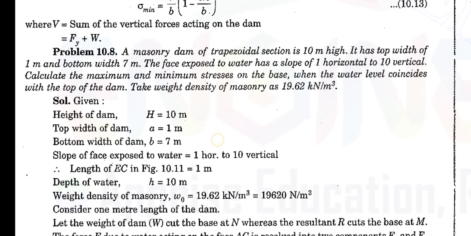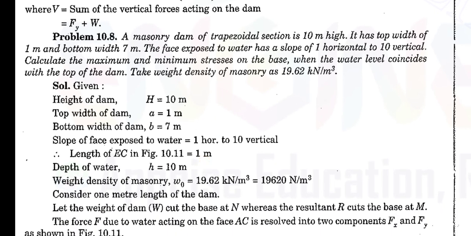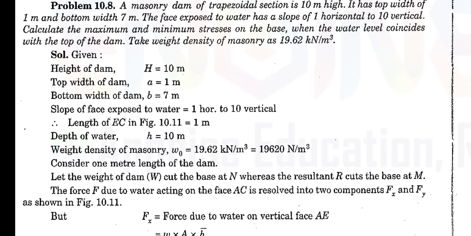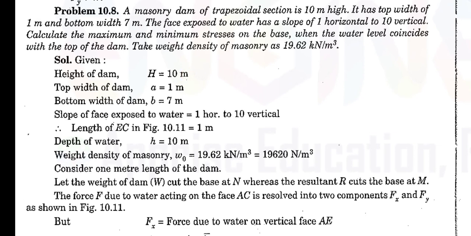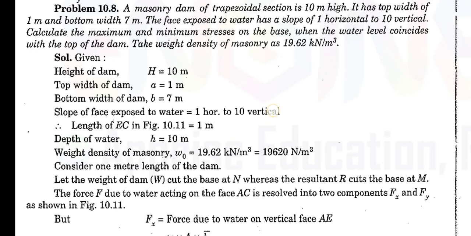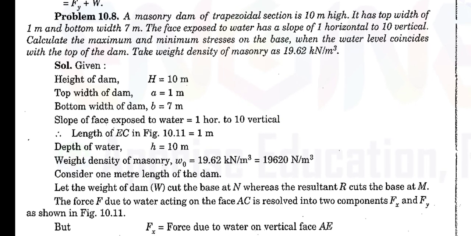The weight density is 19.62 kilonewton per meter cube. So it is a third type of trapezoidal dam that is inclined on both sides. So first step, the given data: height is 10 meters, height of the water is also 10 meters, then total top width is 1 meter, bottom width is 7 meters, and the depth of water is 10 meters.